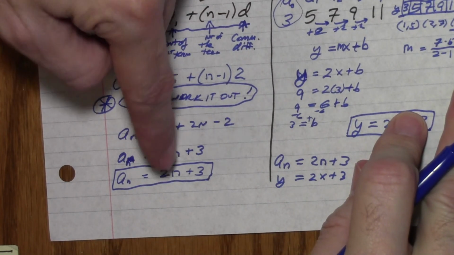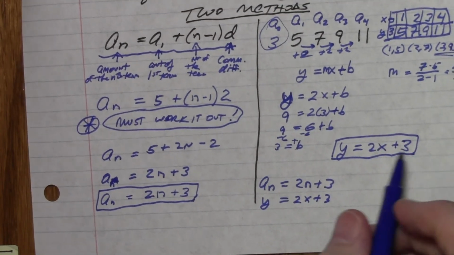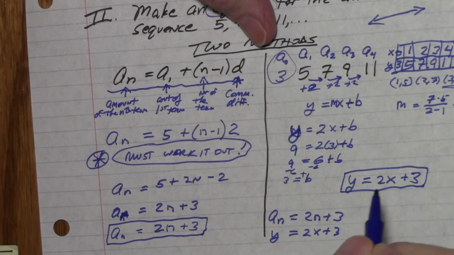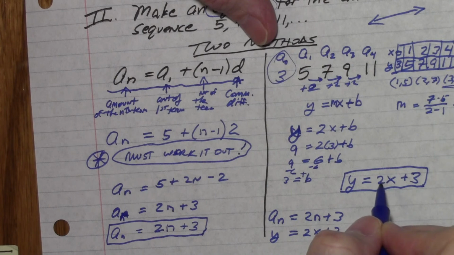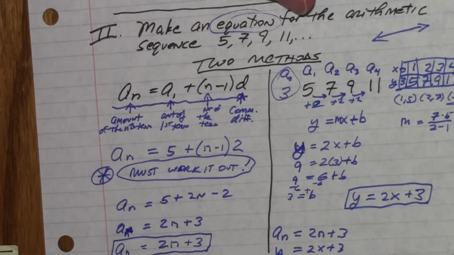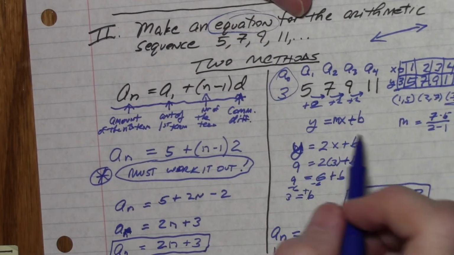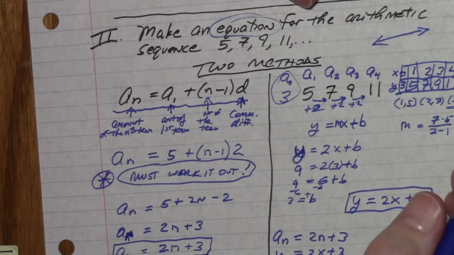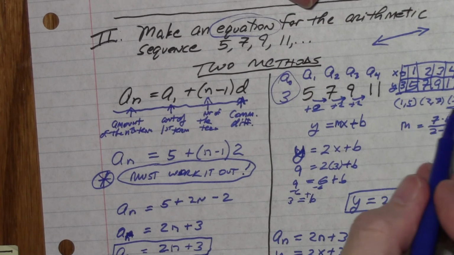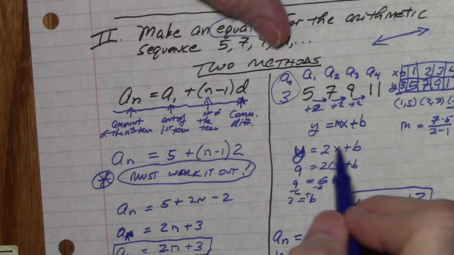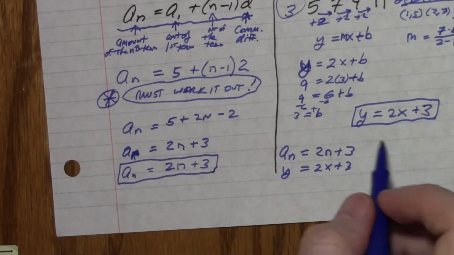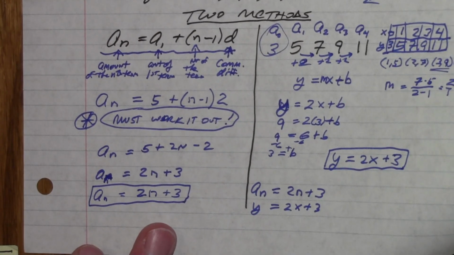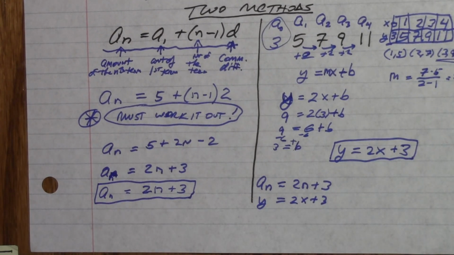I want you to get in the habit of putting that in front, because when you do it this way and you do slope-intercept form equation, you absolutely must always put it in this form anyway. So this one's like you've done many times, of course, where you find the slope. If you have a linear graph or such, you can take the points and make a slope and solve for the y-intercept, and voila. So those are the basics for looking at sequences as functions.